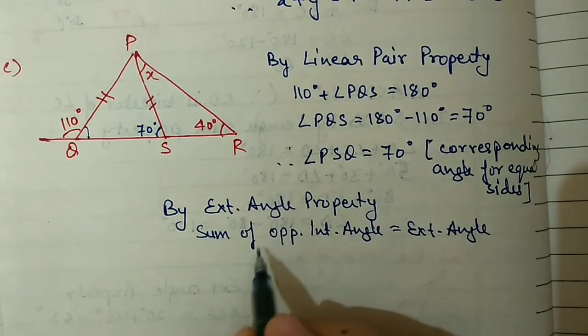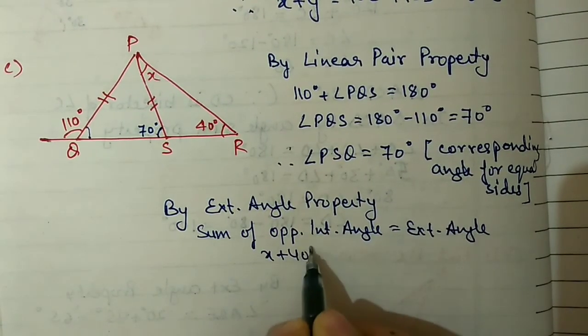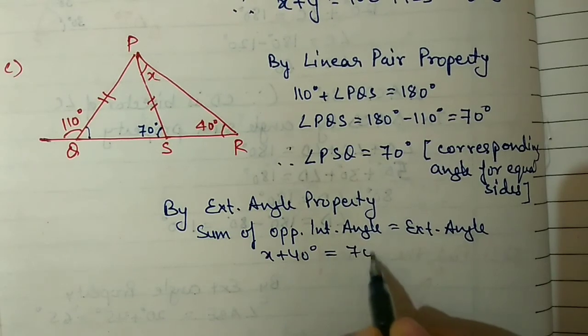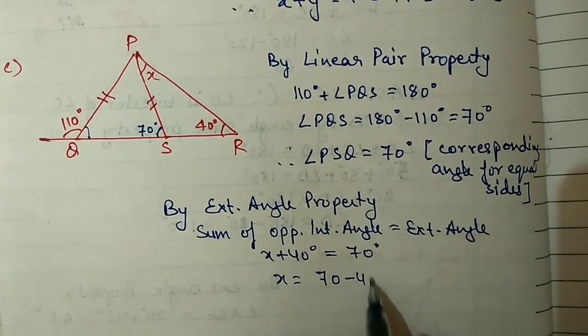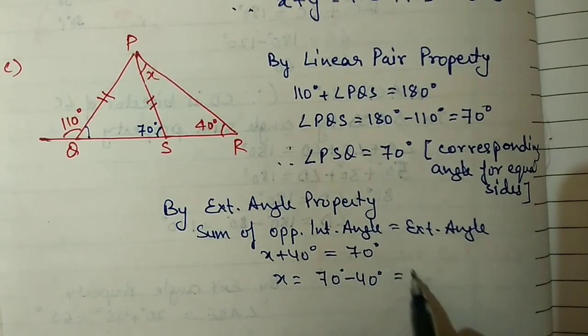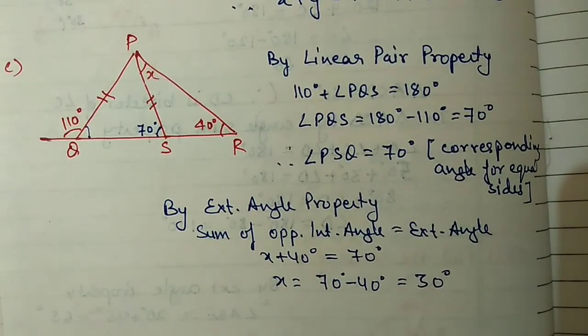So the opposite interior angles are x and 40, and after addition we will get 70 degrees. So the value of x will be 70 minus 40, equal to 30 degrees.